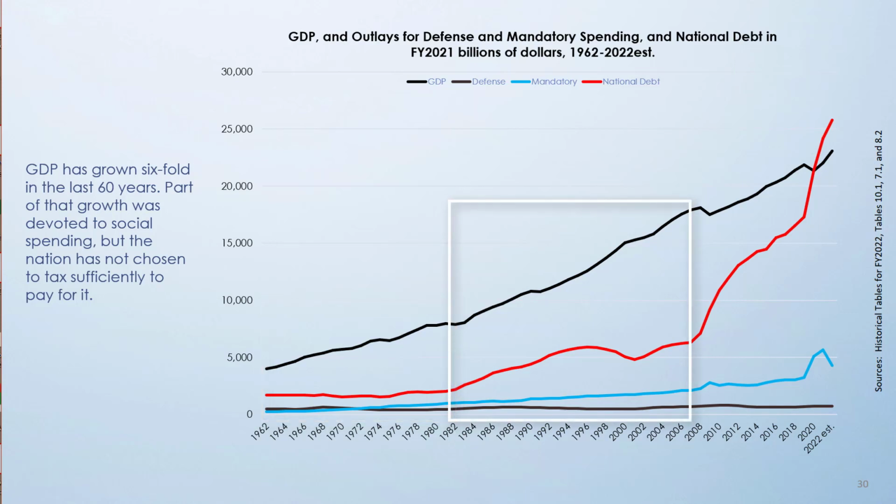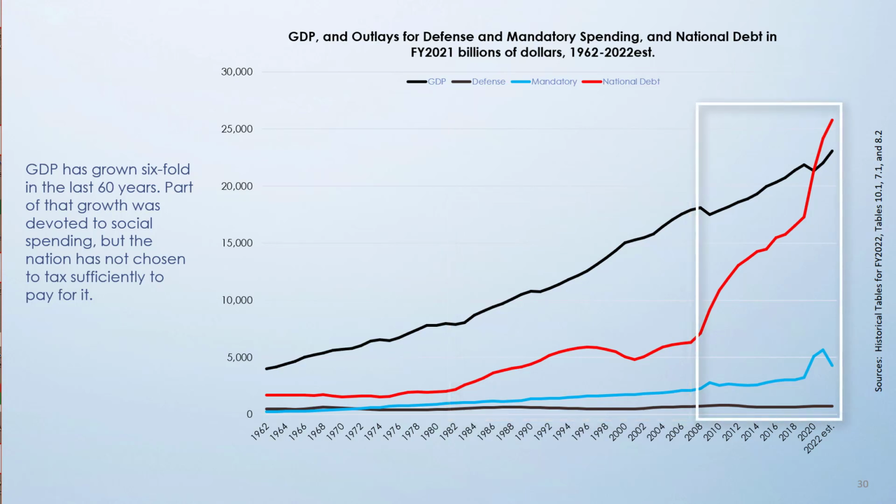Then you could look at kind of a middle period here, say from the early 80s to about 2008 or so, where the lines seemed to run in parallel. We were taking on new debt at the pace we were growing. And theoretically, a country growing at, say, 3% a year can run a 3% deficit every year and not increase the burden of the national debt so long as interest rates are stable.